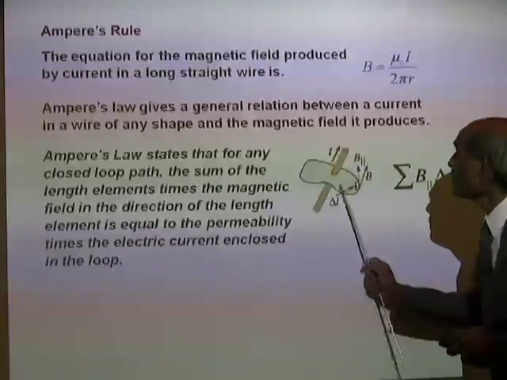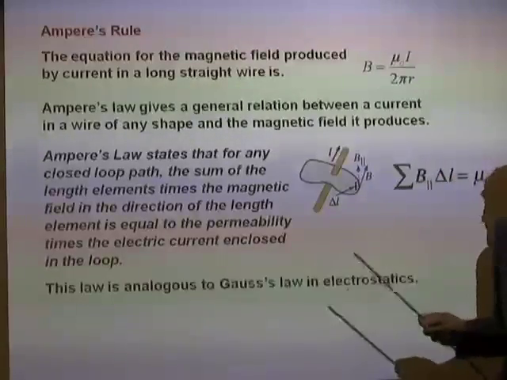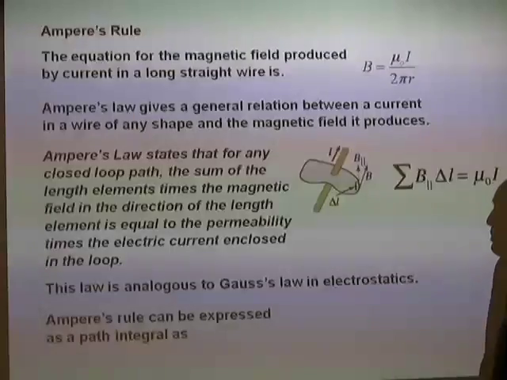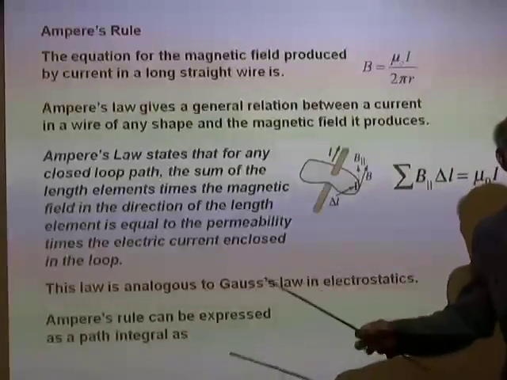If this is the loop, the electric current enclosed in the loop is that I. Now this law is analogous to Gauss's law we talked about. Now Ampere's law can be expressed as a path integral.